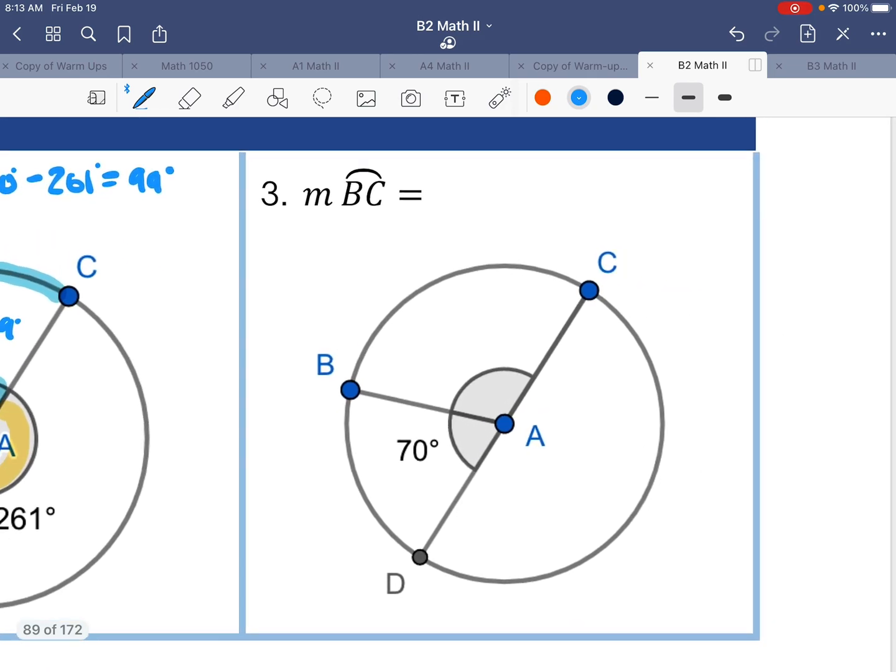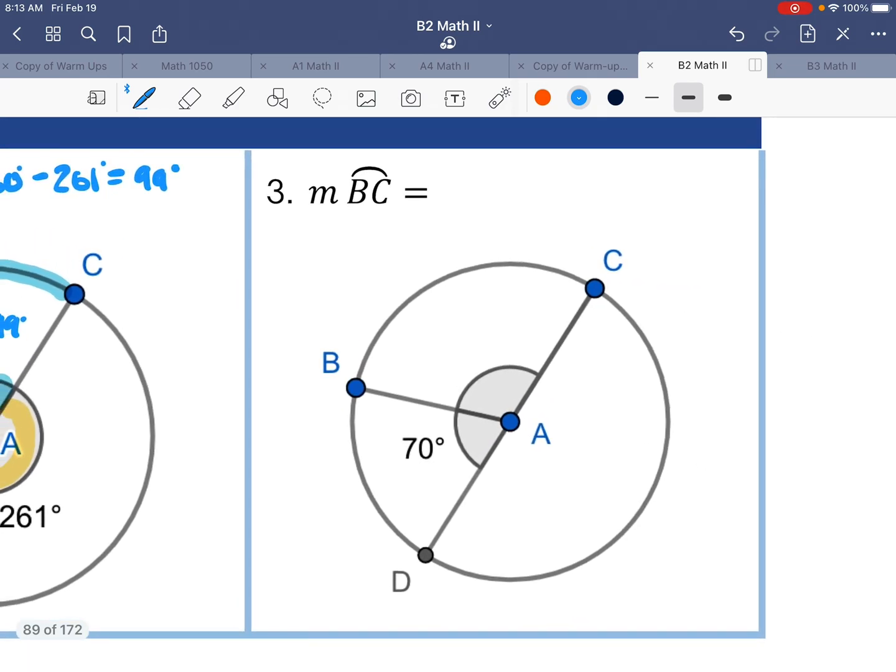One more here, we have a diameter of our circle, so this is half of a circle right there, and we have 70 degrees over here. What we're looking for is that green central angle.